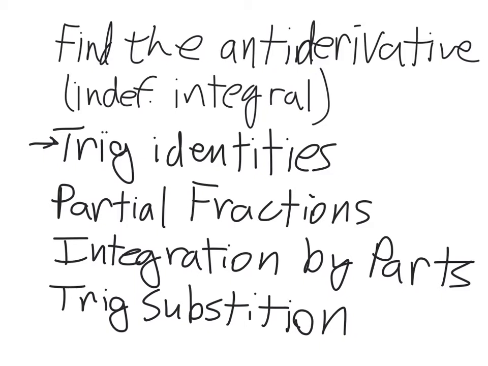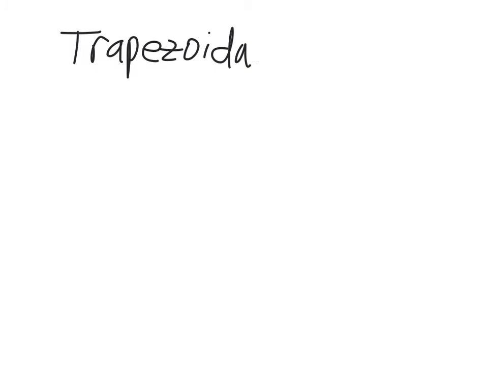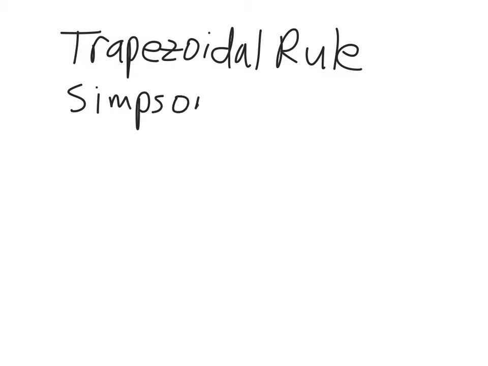And then what we looked at yesterday, the numerical integration approximating a definite integral, which we used either the trapezoidal method, trapezoidal rule, or I introduced Simpson's rule yesterday during class based on the area under a parabola.